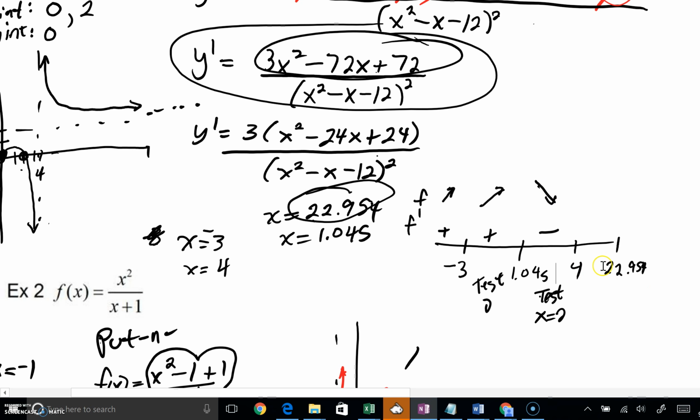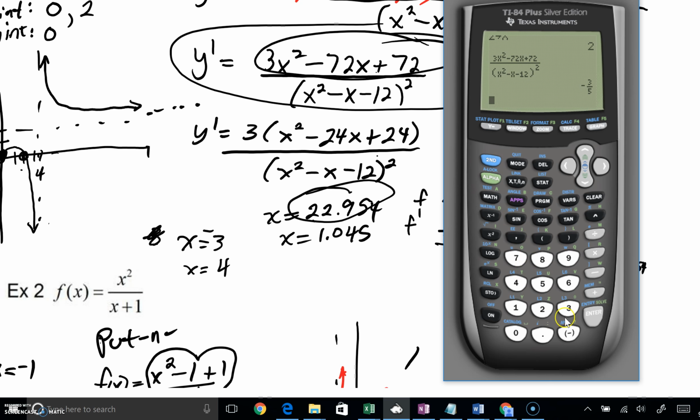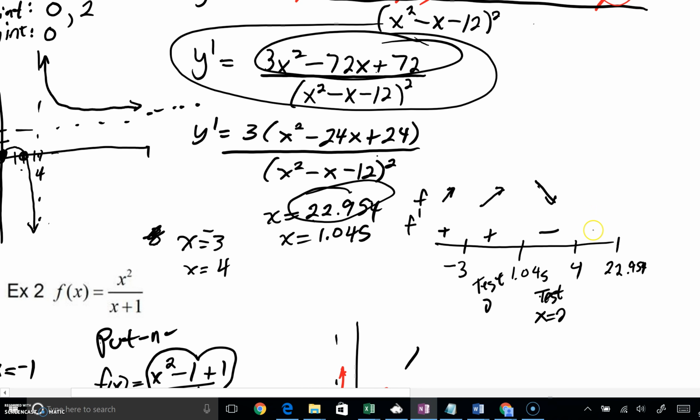How about to the right here, between 4 and 22.954? Well, my goodness, you could say, how about I test something like 21? You're free to test whatever you'd like, but we're going to hit second enter again, and look at that. With scientific notation, times 10 to the -4th, bottom line is we see something negative.